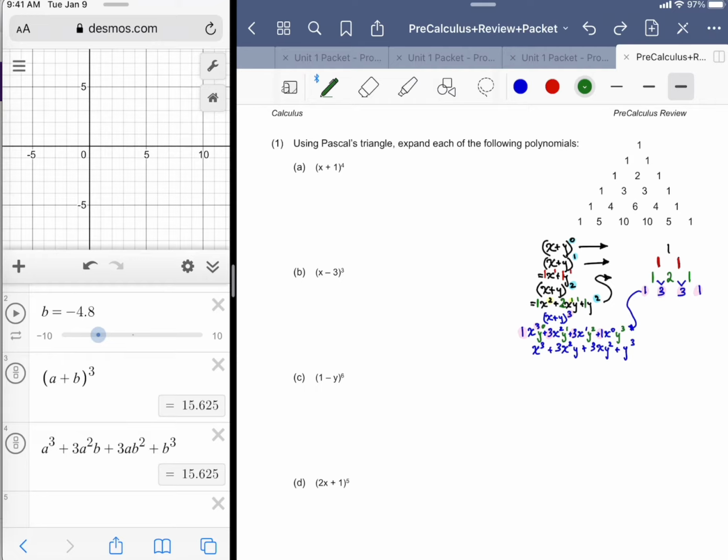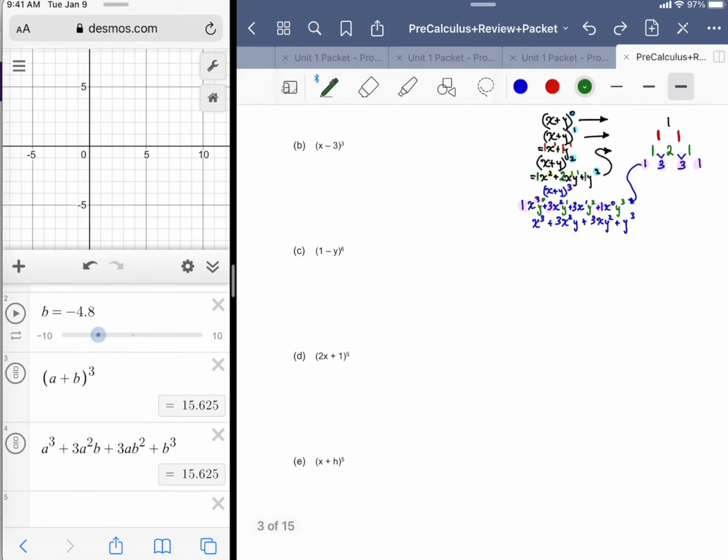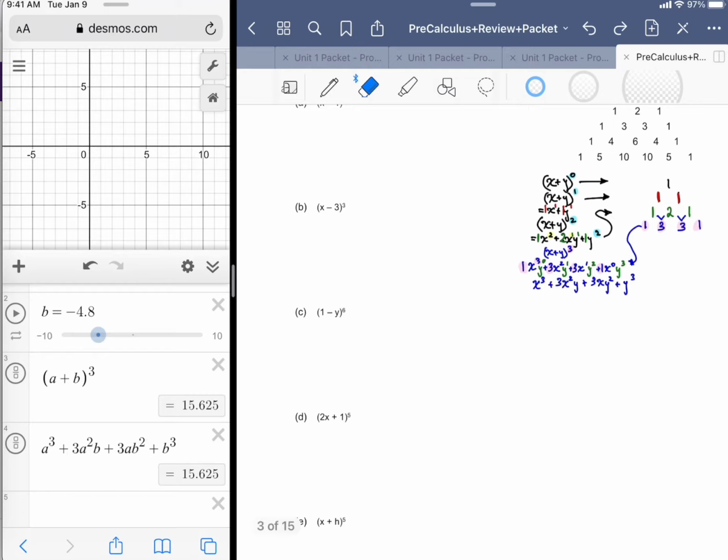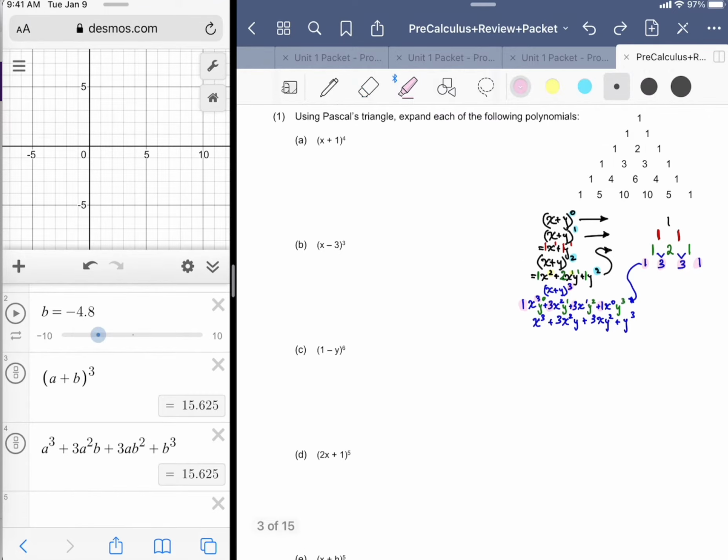So let me take you through D real quick. What D is asking us to do is raise our expression to the 5th power. So it's going to be the 6th row of Pascal's triangle. It can be a little confusing, but that's because the first row is the 0th power, so it's always offset by 1.